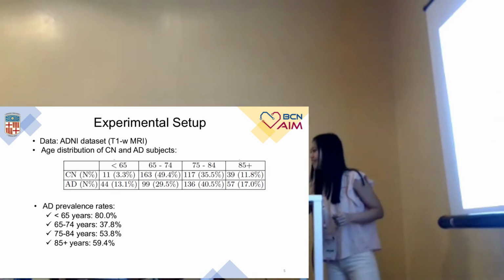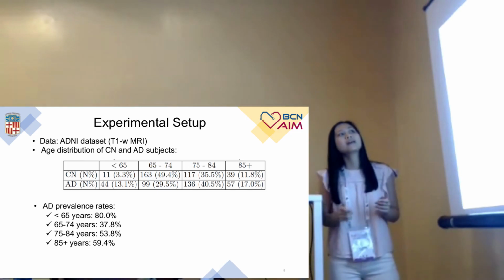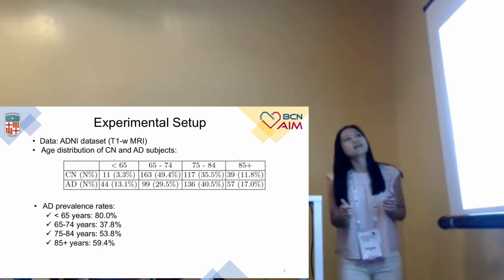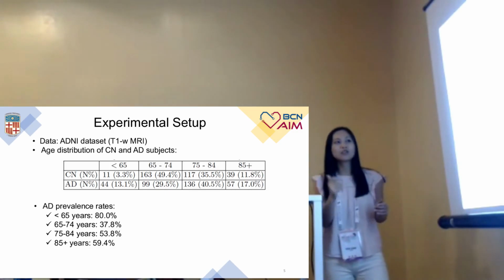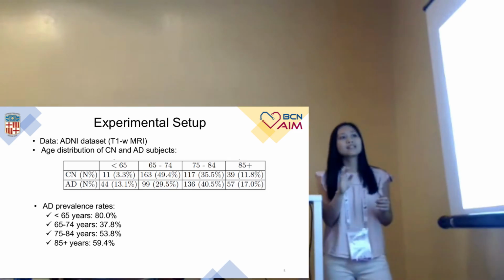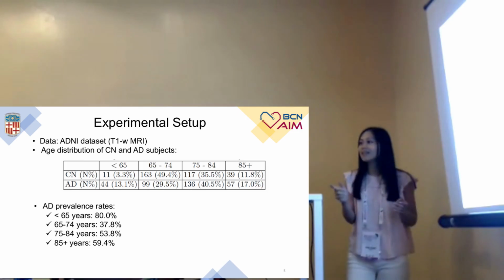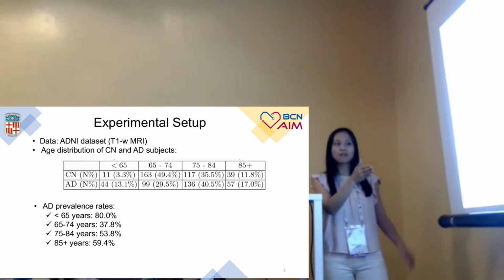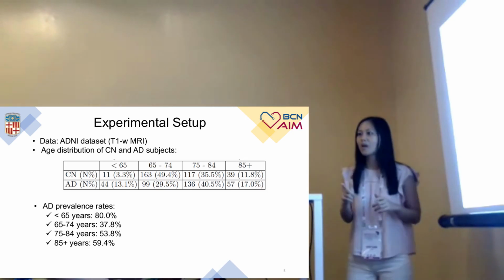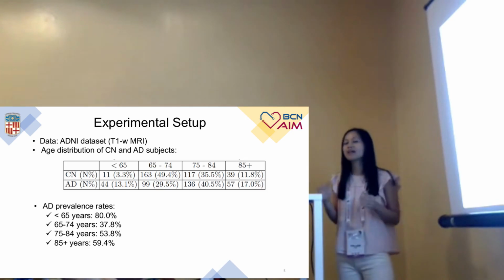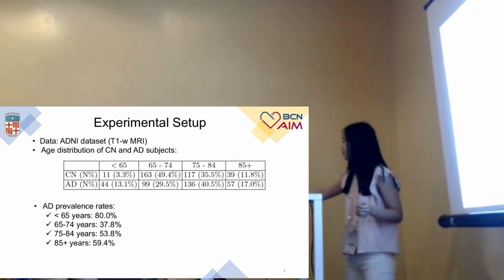So let's move to the experimental setup. In this study, we use the ADNI dataset, with T1 MRI scans of CN and AD subjects categorized into four different age groups. As you can see in the slide, this dataset has a prevalence shift, meaning that using one single threshold for the entire population might not generalize well, leading to disparate performance.